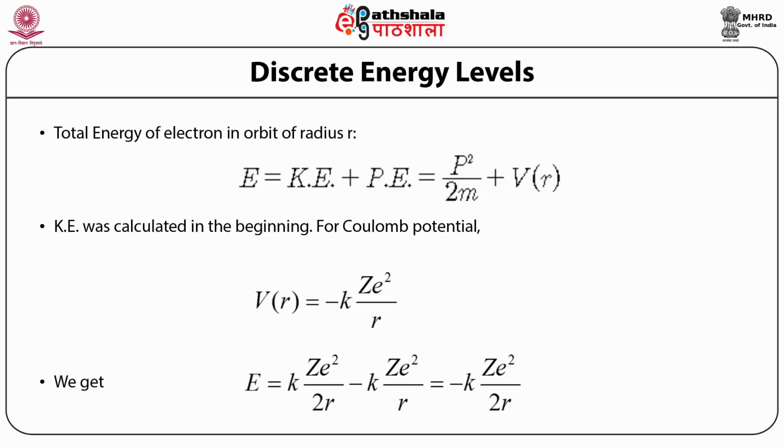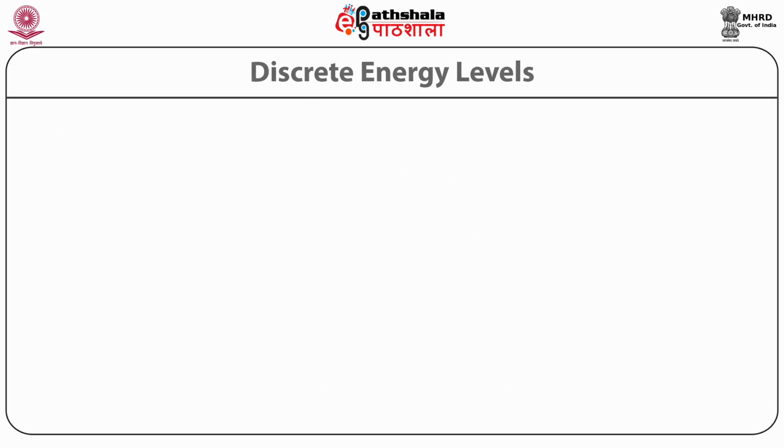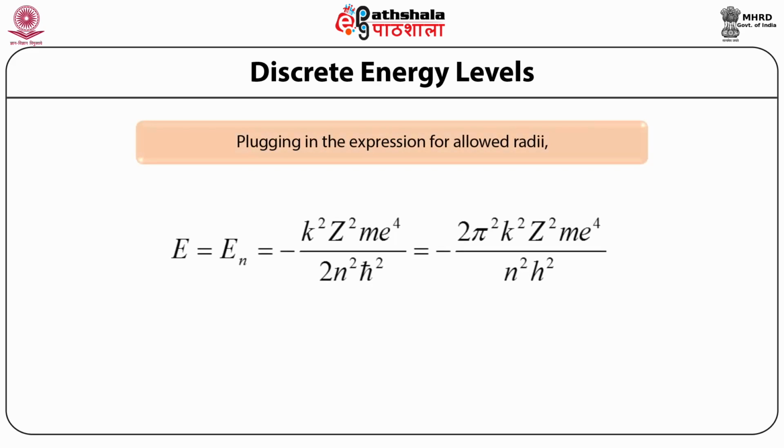The potential energy, which is negative, is twice the kinetic energy in magnitude, and therefore the net energy of an electron in the bound state of the hydrogen atom becomes minus k Ze squared by 2r. It's negative. So we have found the expression for the energy level, which contains the radius.